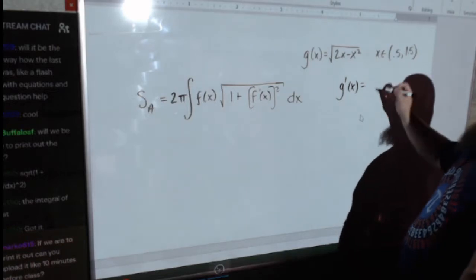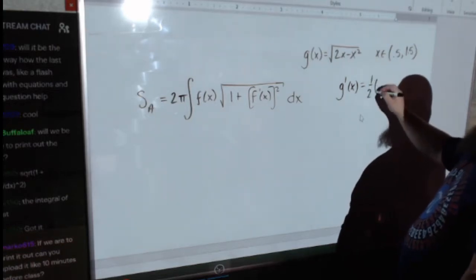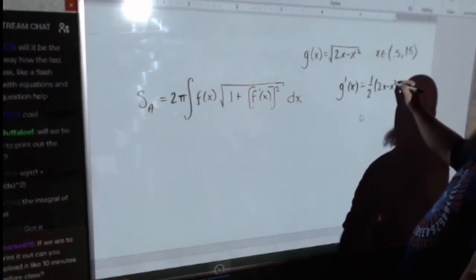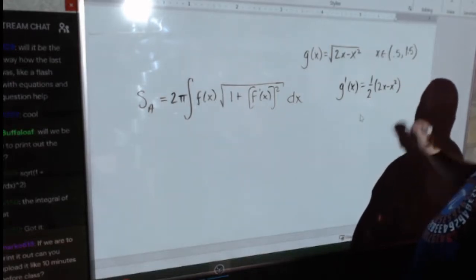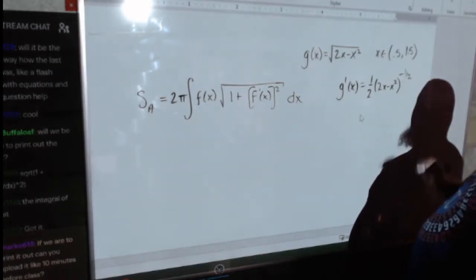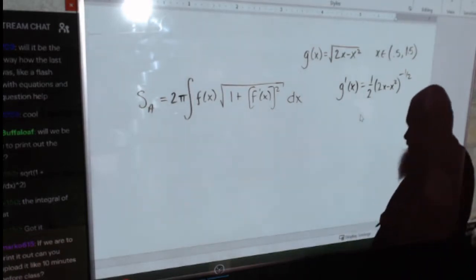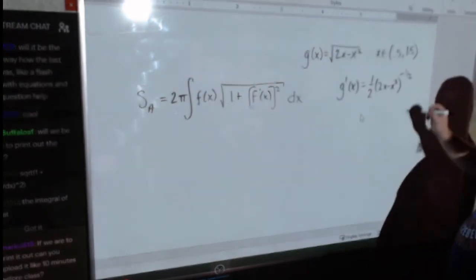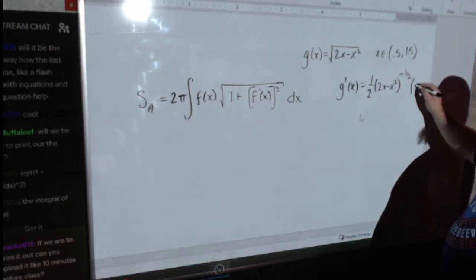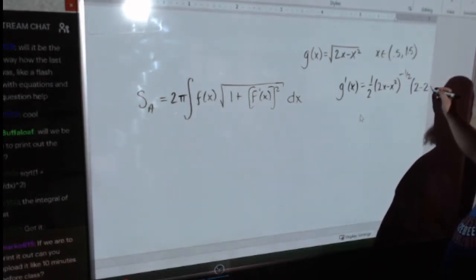This is the square root, so I get a 1/2 down in front. Leave the stuff inside alone. And that's to the minus 1/2. But then I got to multiply it by the derivative of the inside. So that's 2 minus 2x.